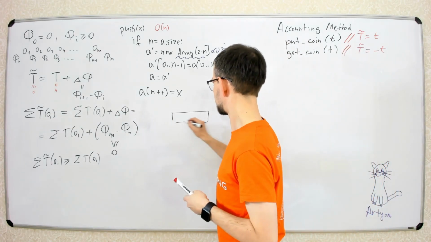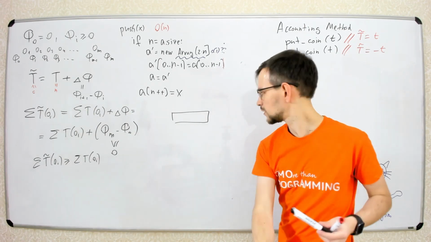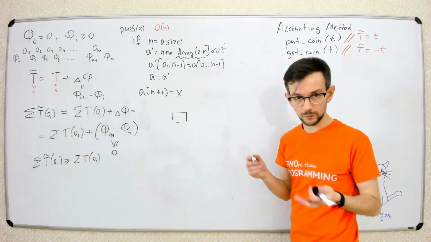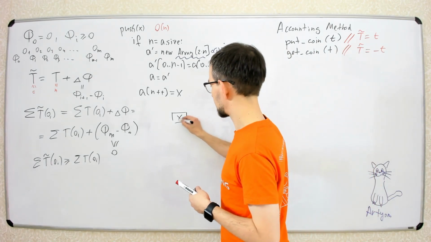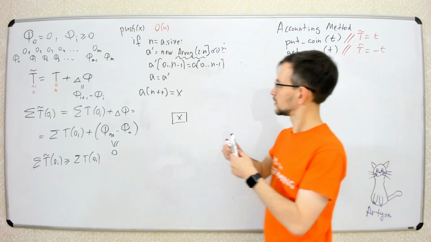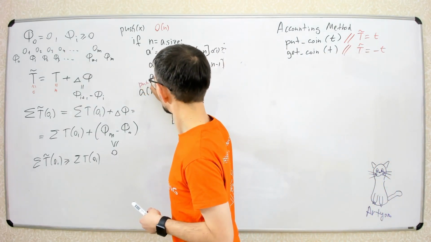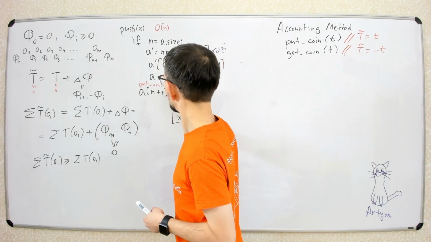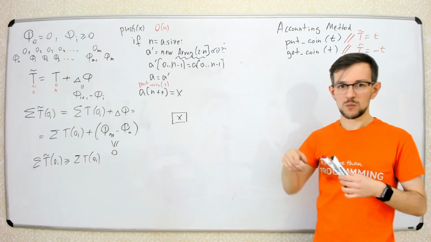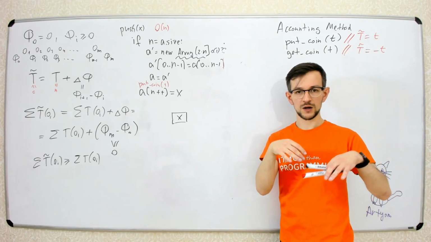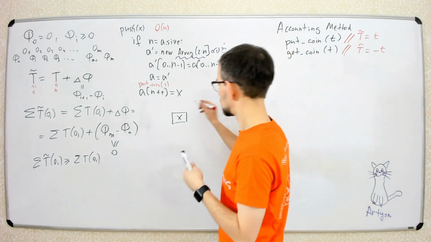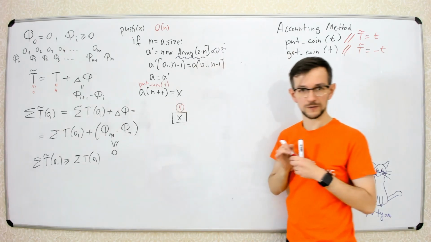You have some array. Let's start with an array of size 1. We put the element x here, and let's add some put coin here. So each time we put a new element in the stack, let's save some time for the future. Just put the coin of size 1 here.